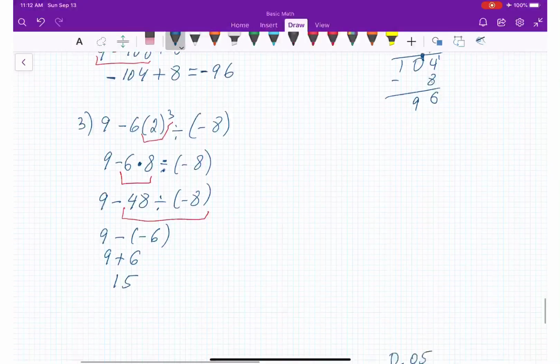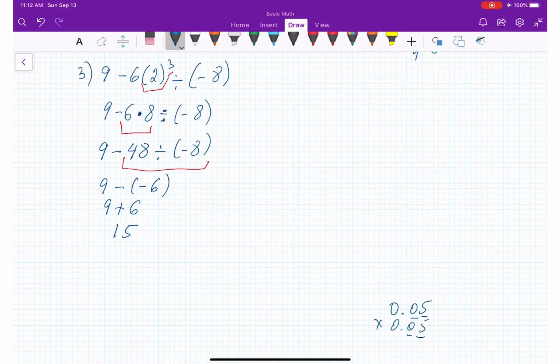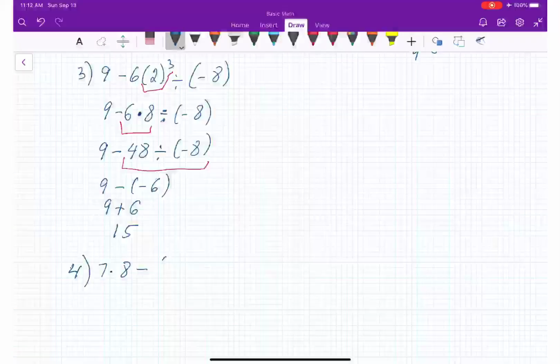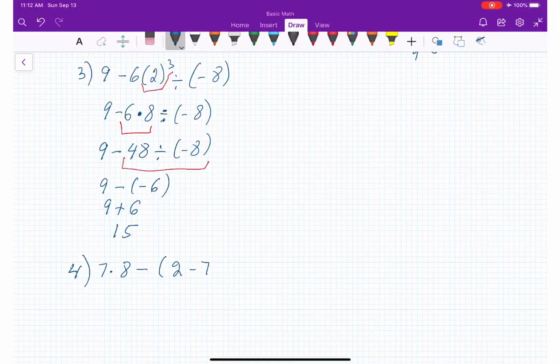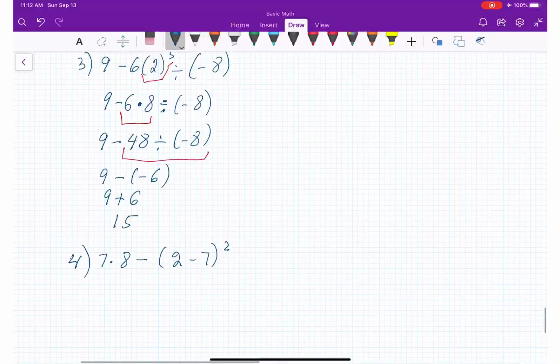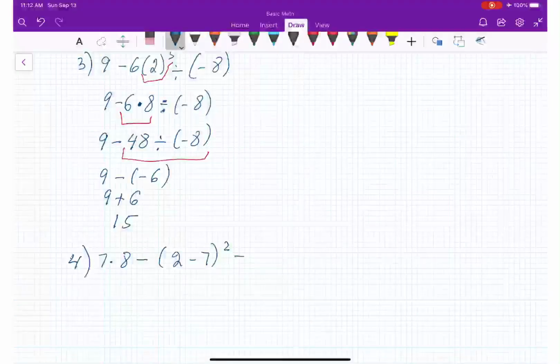Next one. Number 4. Seven times 8 minus 2 minus 7 squared plus 8 times 2.